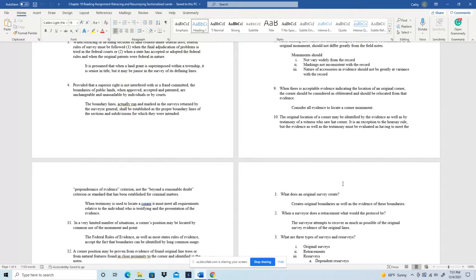So I will do everything I can to locate that original corner. And then it says, consider all evidence to locate a corner monument. Kind of like the other day at the Spring Lake campus, we couldn't find 2 of the irons, and I told you that I would put it in AutoCAD and see if I could figure out where we can get to it.